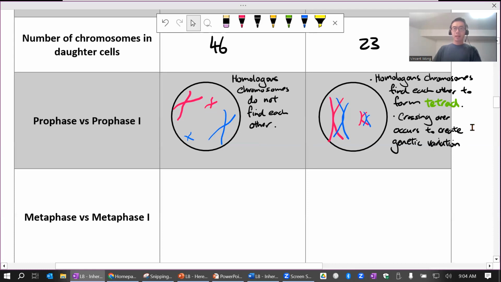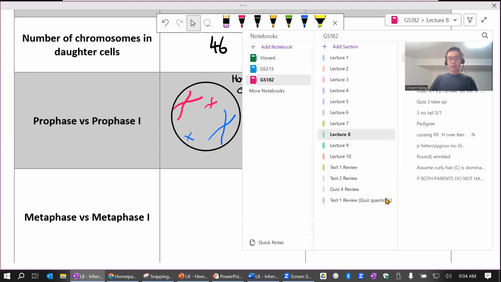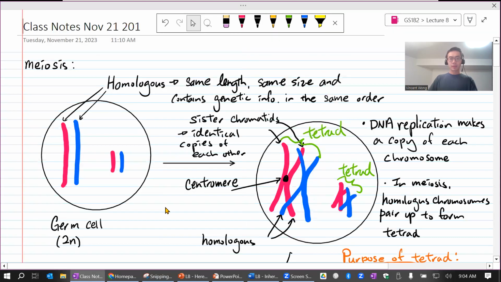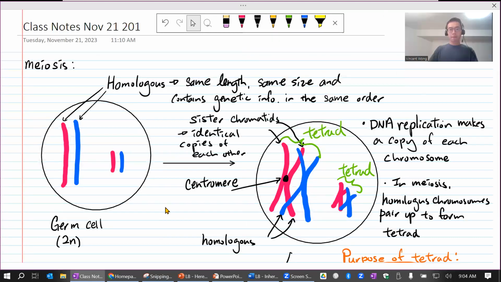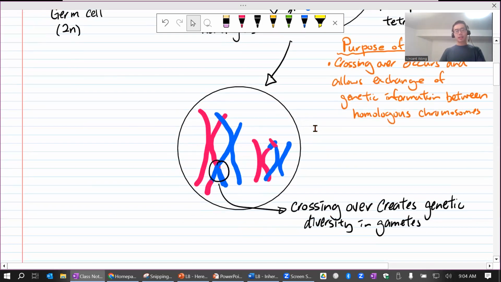All right, let's go back to our notes and we're going to come back to this chart in a bit. Where are we? There we go. Okay, so what happens next? This happens in prophase 1.